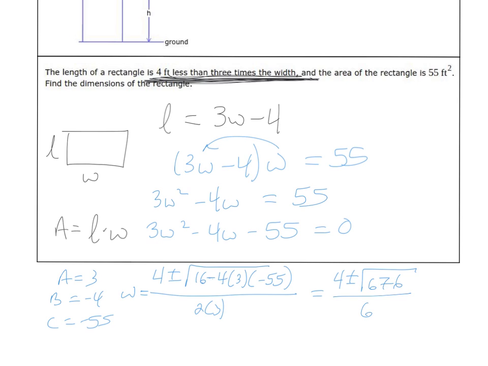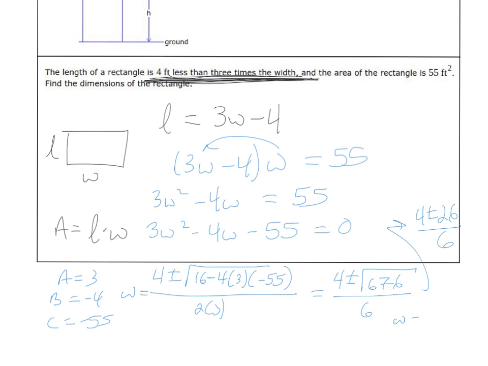It turns out that the square root of 676 is 26, so I'm going to get 4 plus or minus a regular old 26. The square root symbol's gone because I took it, all over 6. If you solve this down, 4 plus 26 is equal to 30, divided by 6 is equal to 5.